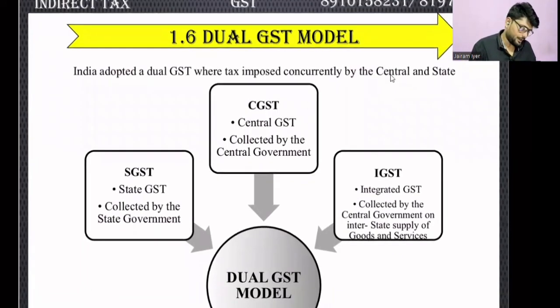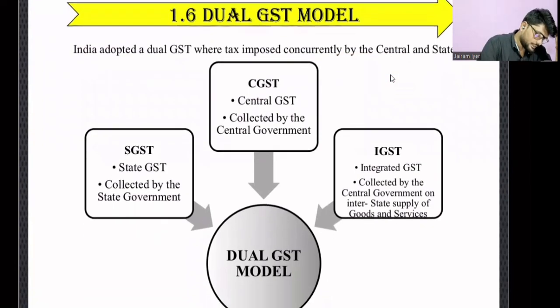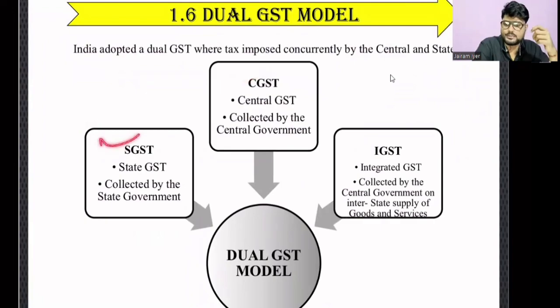India adopted a dual GST wherein tax is imposed concurrently by the central and state governments. So CGST is there, SGST is there, and IGST is also there. And we discussed that IGST is fully controlled by the central government. At first the revenue is received by the central government, and after that, depending on the destination of the goods, the Centre will transfer the State's portion after the final destination.